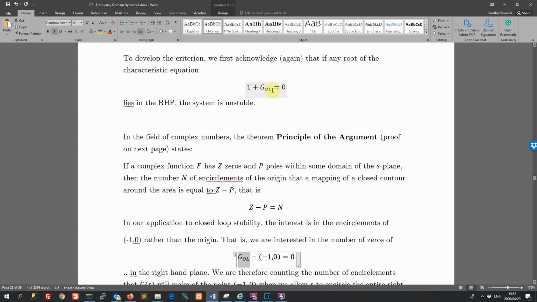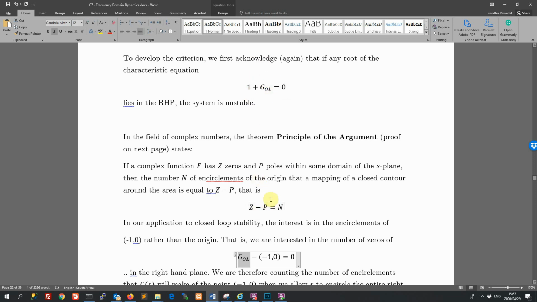Remember, a pole is where G open loop is going off to infinity. If you add a 1 to that infinity, that's not going to break the bank, right? That doesn't make a difference. It's not going to shift where our pole is going to lie. So we can say that if we know this is going to have 0 poles, then this whole function has 0 poles.